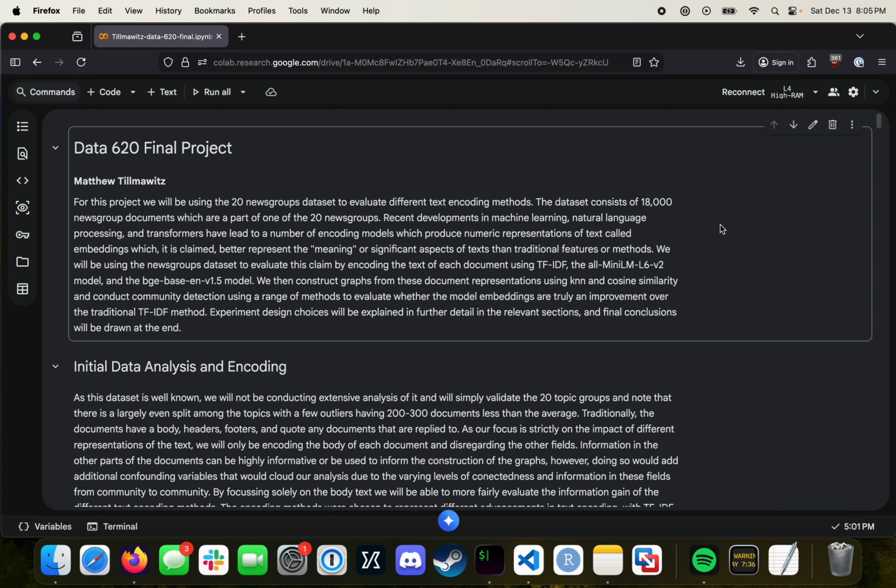We are going to be encoding each of the documents using each of these methods, and then we will be constructing graphs from these documents using k-nearest neighbors and cosine similarity, upon which we will be conducting community detection using a variety of methods and then evaluating the results.